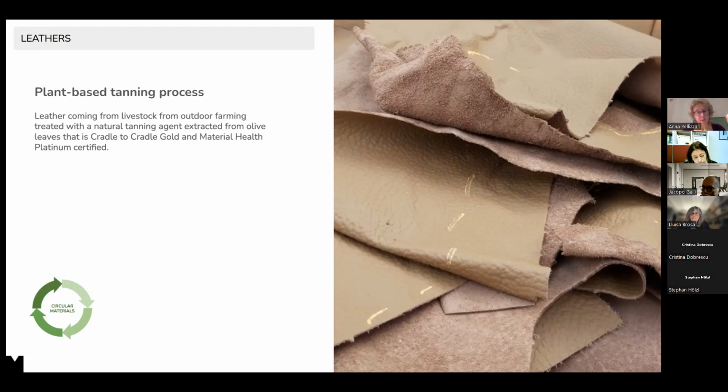There is also in this case some, let's say, discussion about these plant-based tanning processes, whereas they need a lot of water, and also the final durability is less. For some sectors, totally insufficient.